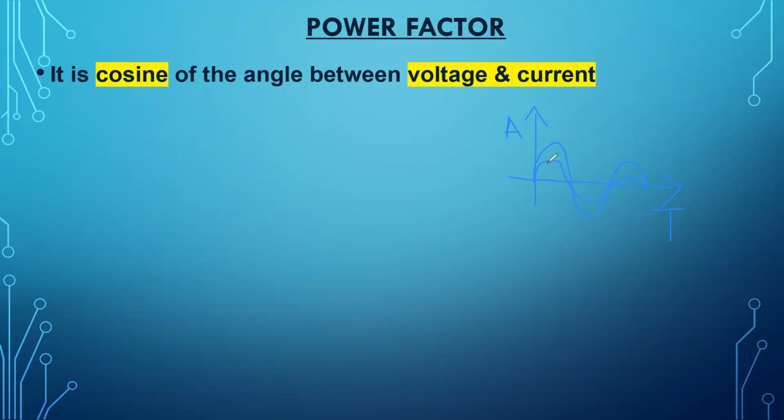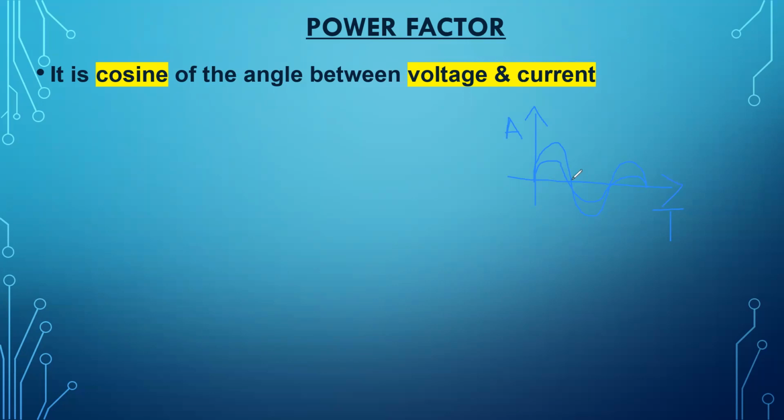At zero time, both are starting together. At 90 degrees, both are at the peak value. Again at 180 degrees, it goes to zero. This curve shows the phase angle. Here the phase angle difference between the voltage and current is zero.